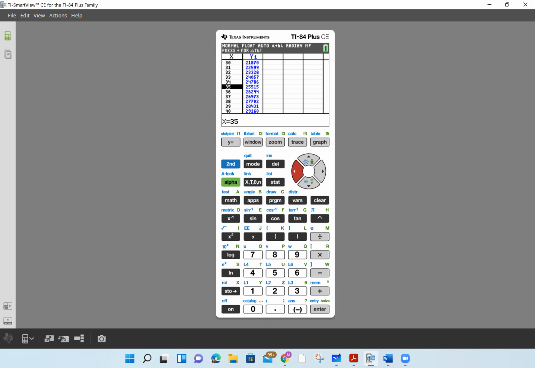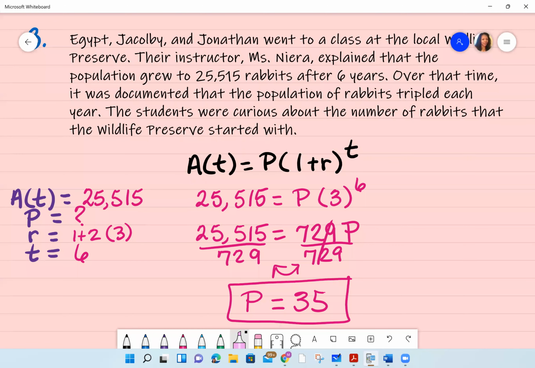So that means that at 35, which is X in the table, but we understand that it's really P here. I said years, I'm sorry. The initial amount of rabbits is really P. So that's how you can find it. So when P is 35, Y is 25,515. So there's multiple ways to do these problems.